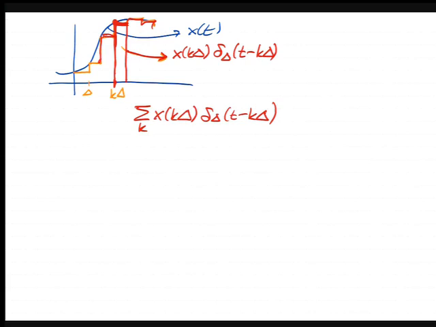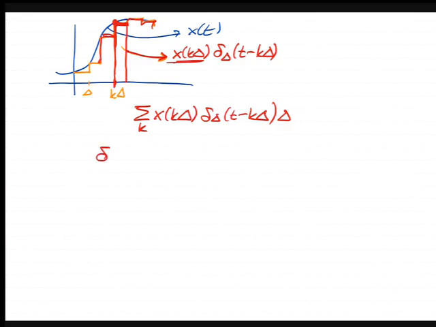Okay, there's an error here. I'm missing a scaling factor. What's the amplitude of this delta function? It's 1 over delta, right? So I really wanted something with amplitude 1, so I just need to multiply this with delta, right? Yes? Okay.